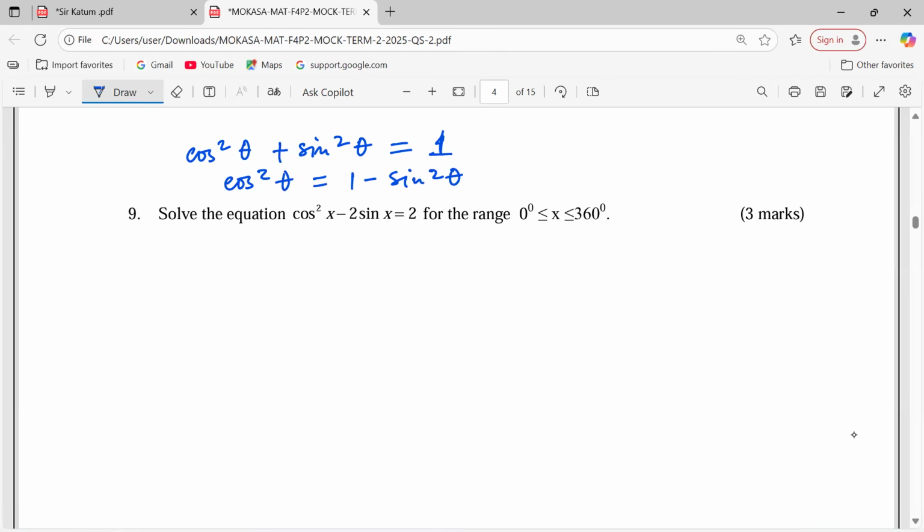So 1 minus sine squared of an angle should give us cosine squared of the same angle. And therefore, we can now substitute at this point and say instead of cos squared, we can have 1 minus the sine squared of x, then minus 2 the sine of x equals 2.